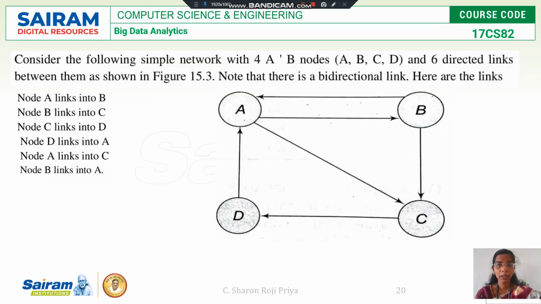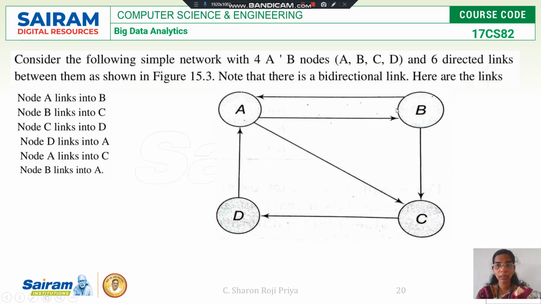Take node A. Node A has 2 incoming edges, and these 2 incoming edges are from B and D. So this incoming edge indicates that node A is taking some influence of B. Now I have to find whether it is half the influence or the full influence.